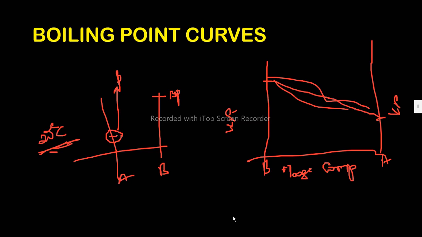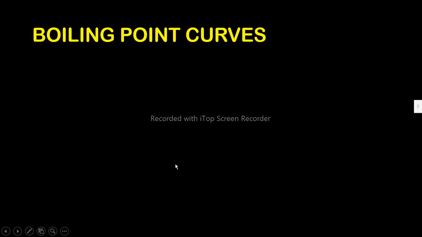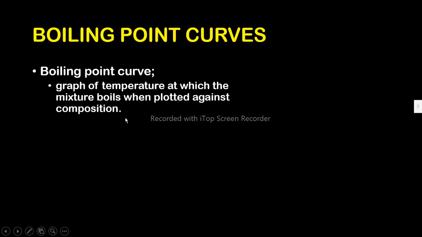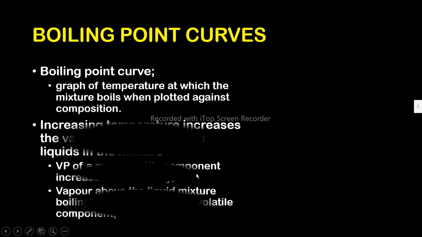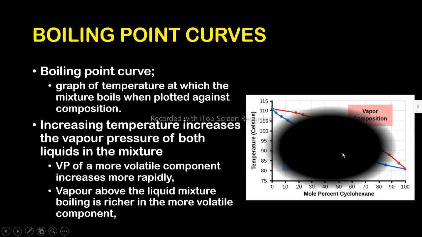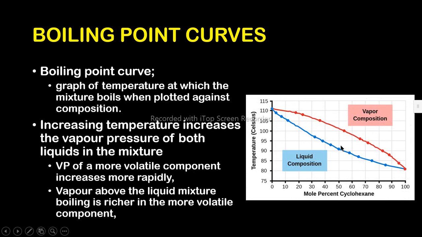So therefore, when you are sketching a boiling point composition curve, obviously it's a graph of temperature at which a mixture boils when plotted against the composition. And where is my curve? I think it's here. Yeah, it is here.